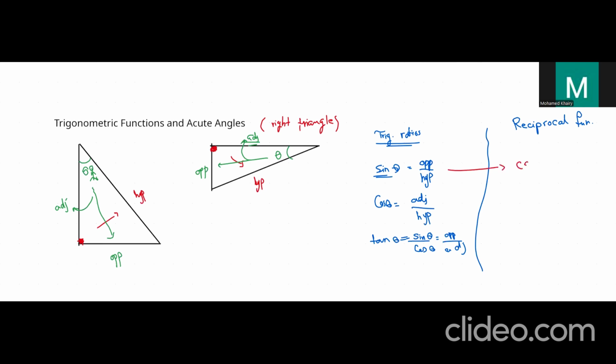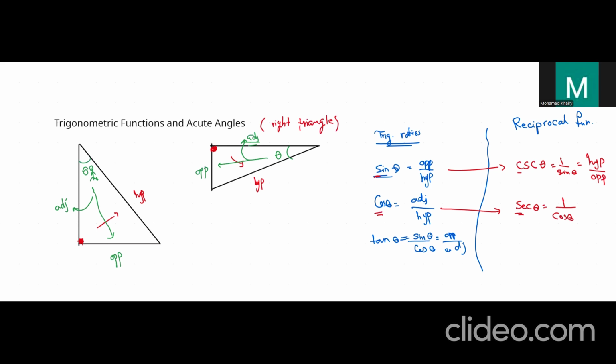Pay attention here: cosecant theta equals 1 over sine theta, or hypotenuse over opposite. And for cosine theta, the reciprocal is secant theta equals 1 over cosine theta.